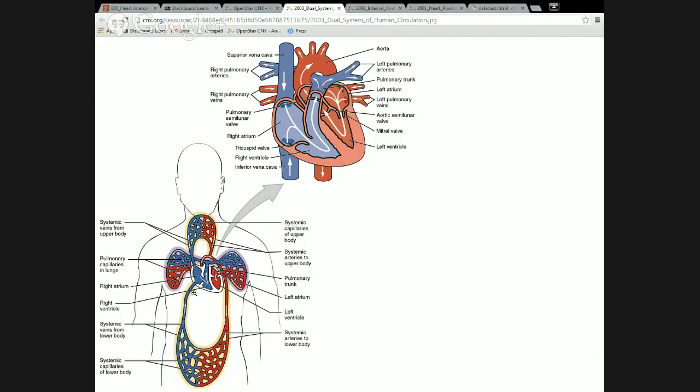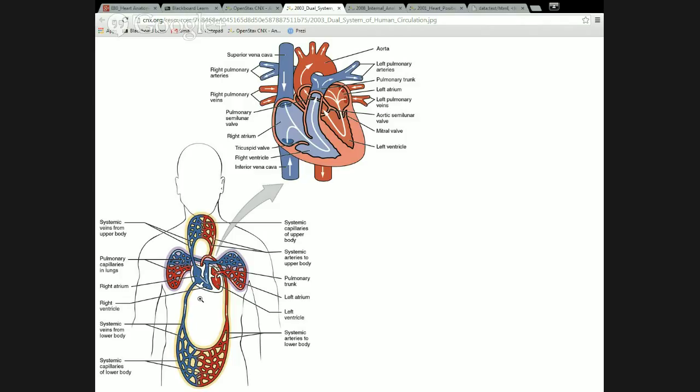The picture down below represents the two circuits as we describe them. The heart pumps blood to the lungs and it comes back from the lungs. We call that the pulmonary circuit. And the heart pumps blood out to the body, either upper body or lower body, and it comes back. That's what we call the systemic circuit.